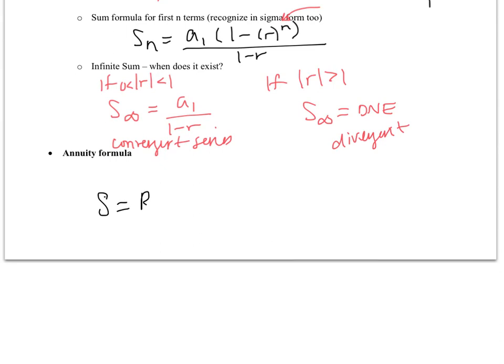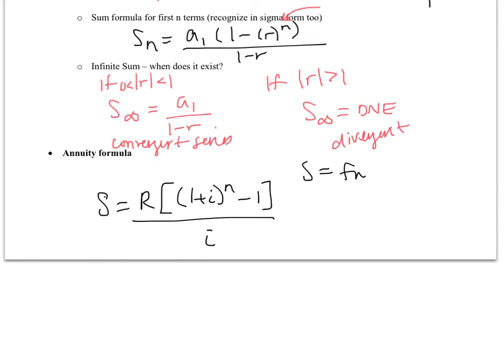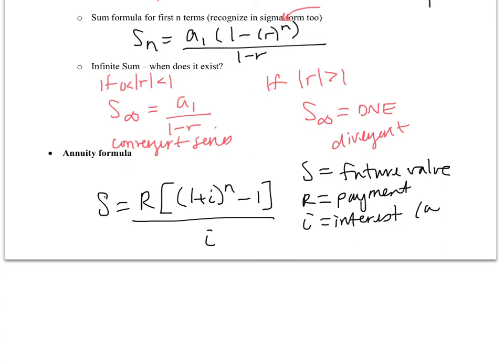We have S equals R times the quantity 1 plus I to the nth power minus 1, all divided by I. And in this formula, S stands for the future value, R stands for the payment or deposit you're making each month, I is our interest rate, and we always want to write these interest rates as a decimal, and then N equals the number of payments made.